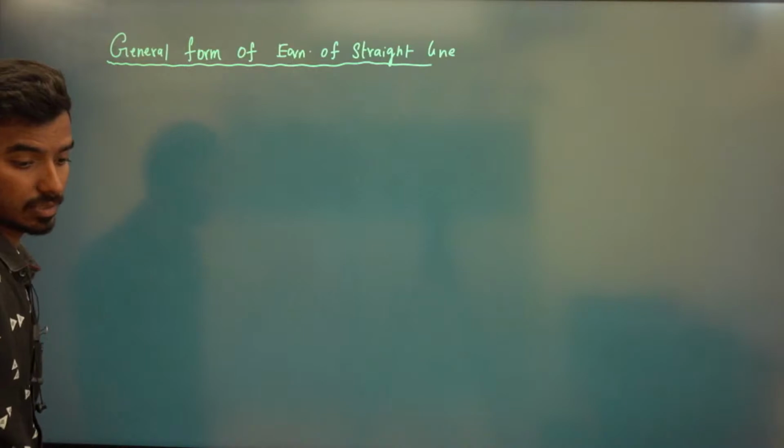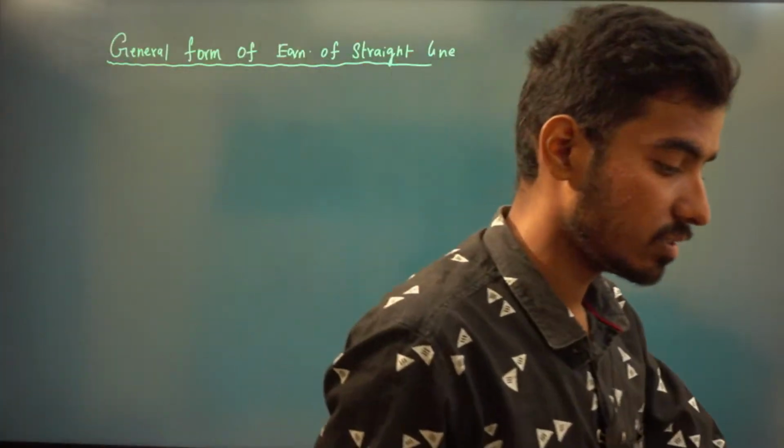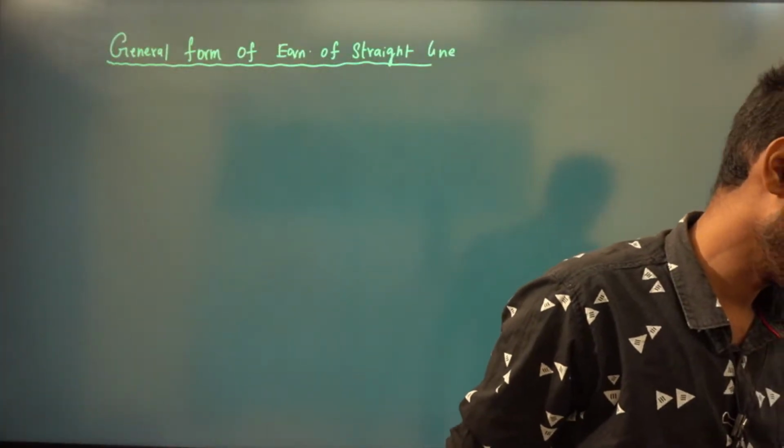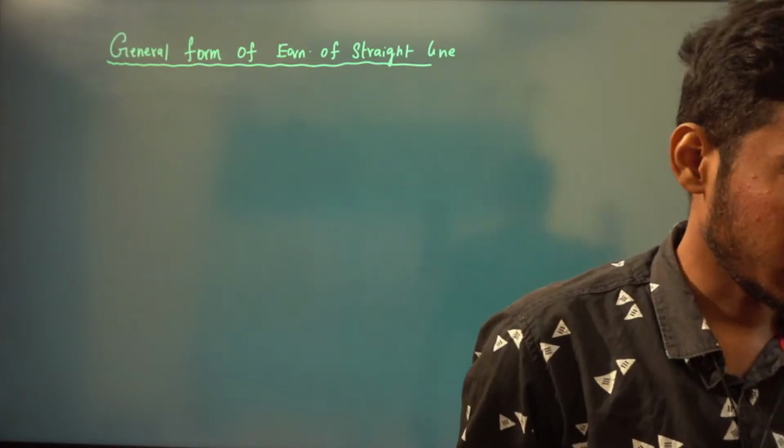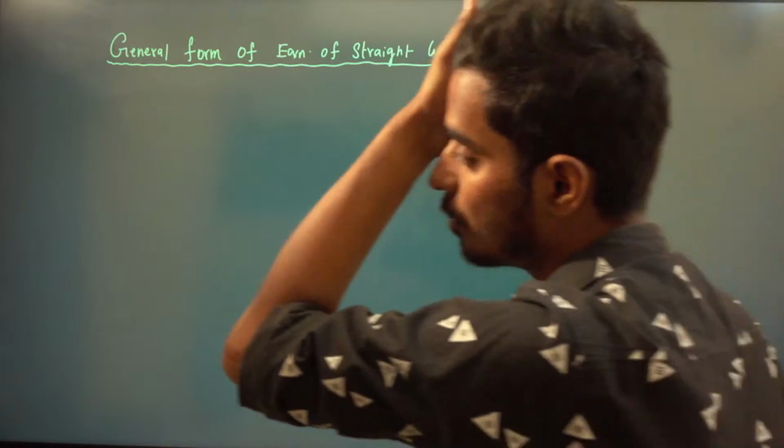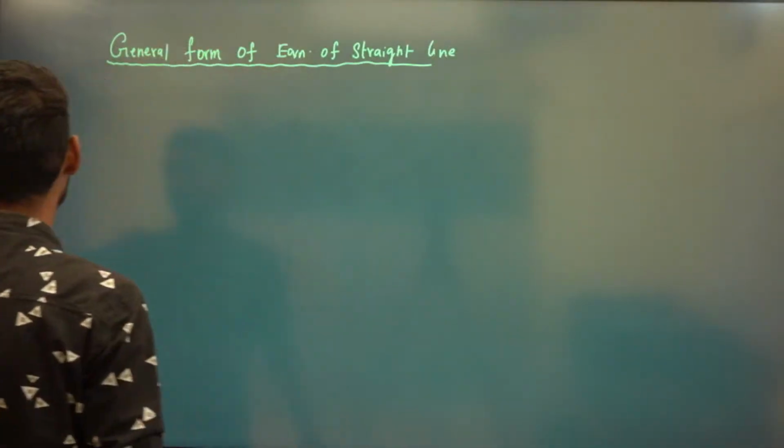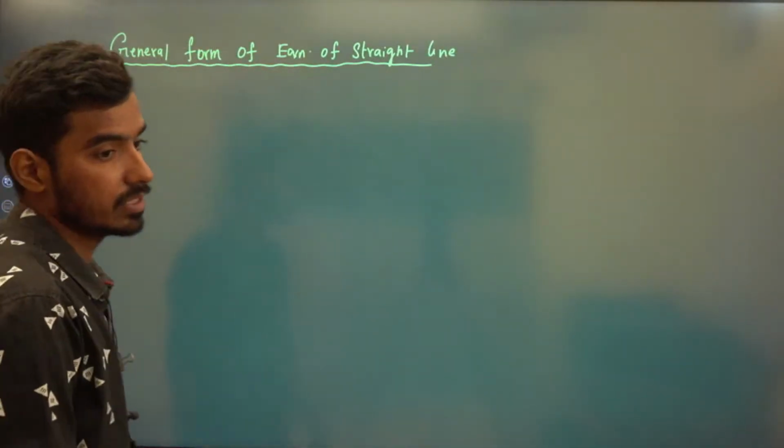So all the previous ones are based on the symmetrical form. These 9 problems are based on the symmetrical form only, right? So now we will introduce the general form of the equation of a straight line, right? It is nothing but two planes.